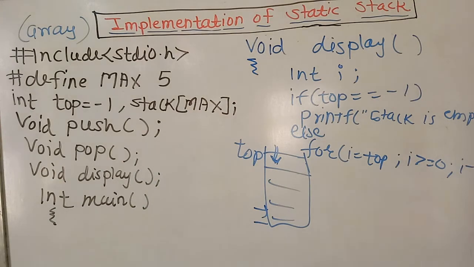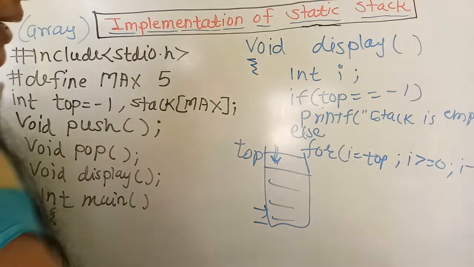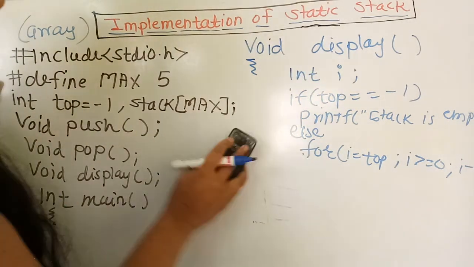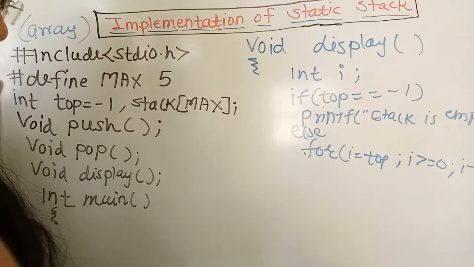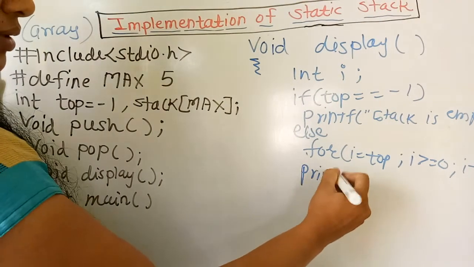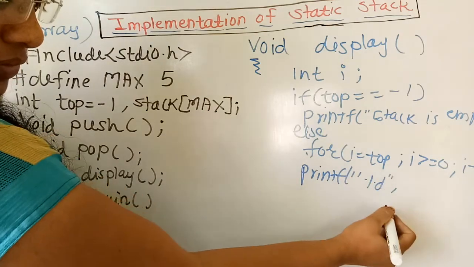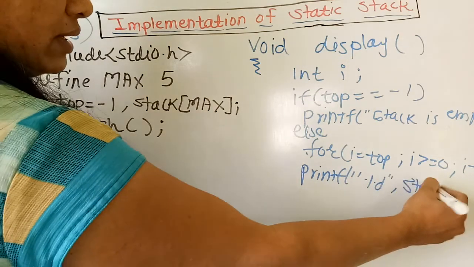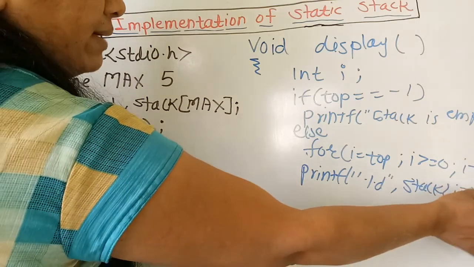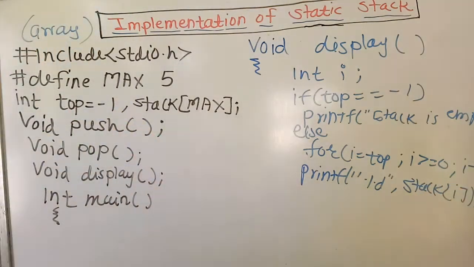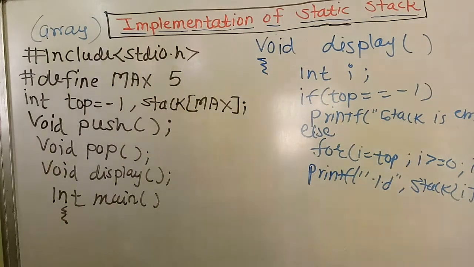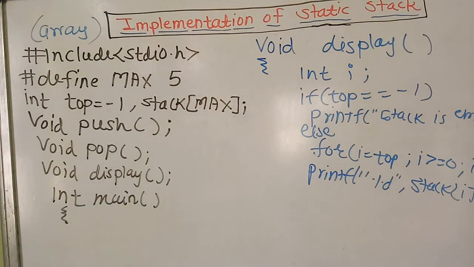We will print all the elements of the stack, that is printf %d stack of i. This is the plain mechanism of displaying the elements using the array, which is known as the static mechanism of the stack.